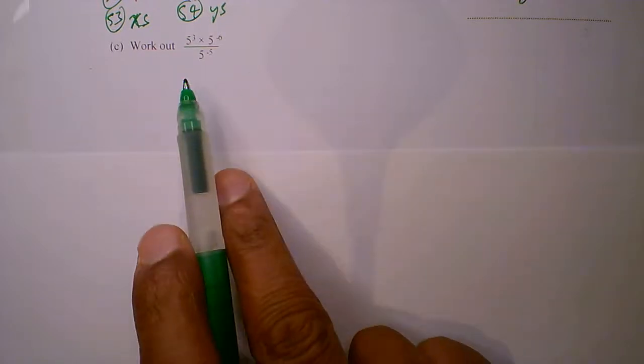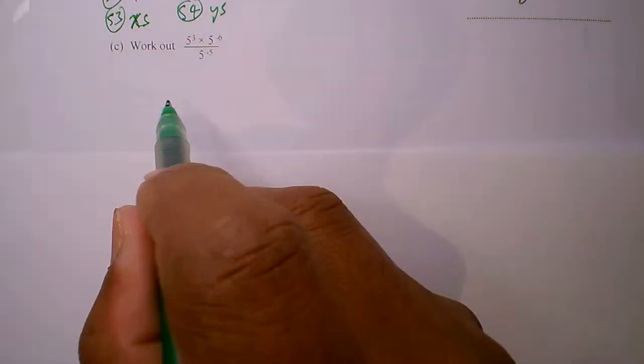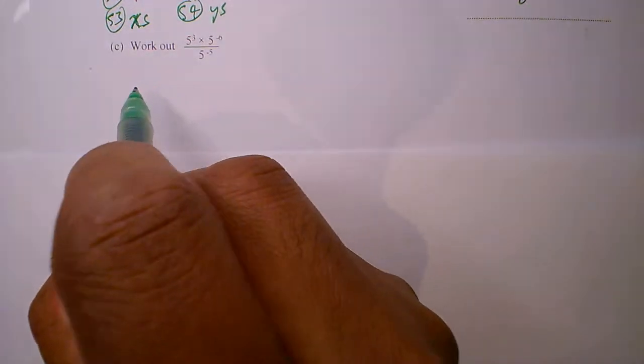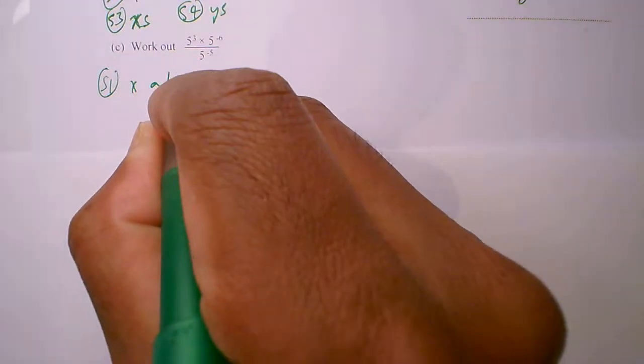Okay, part C, question 9 part C. So what topic is this? This topic is indices, so I'm using the rules of indices. Step 1: when I multiply, I add the powers.